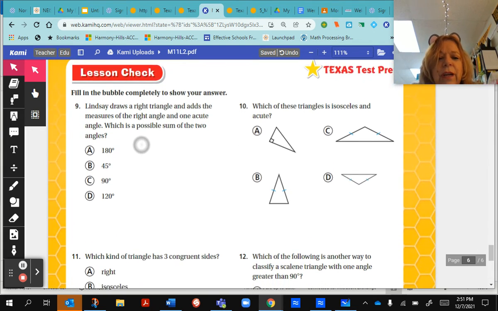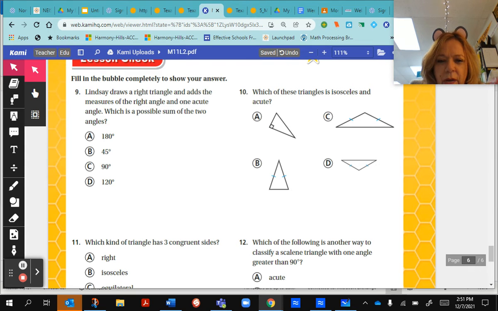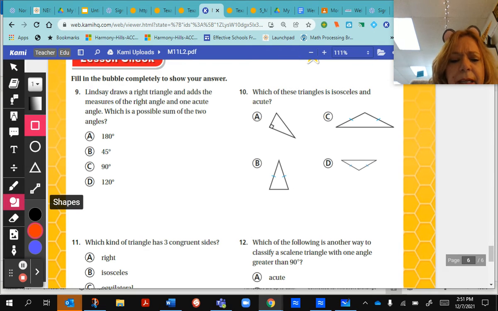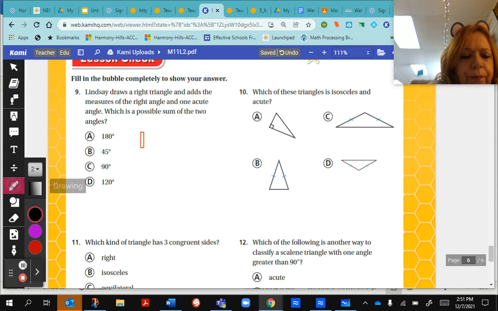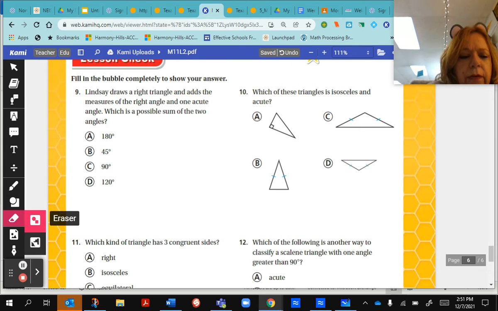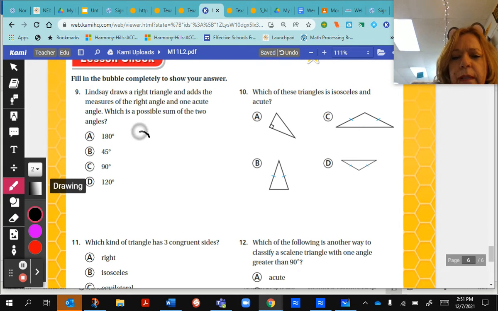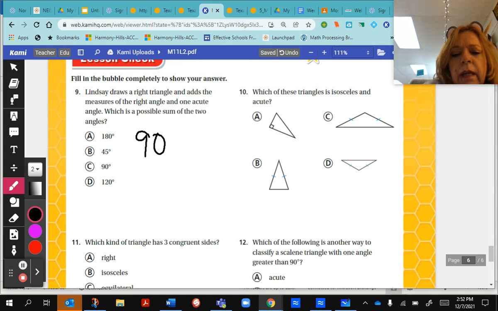All right, let's look at this one here. Lindsay draws a right triangle and adds the measures of the right angle and one acute angle. Which is a possible sum of the 2 angles? Okay, so I know that the right angle is 90 degrees. So I know that it can't be this one here, and it cannot be this one right here. And it says one acute.